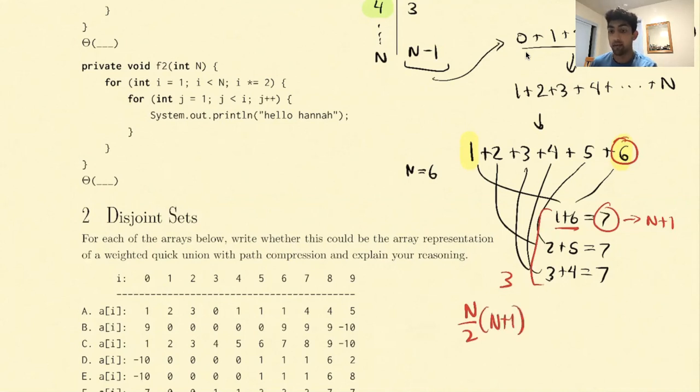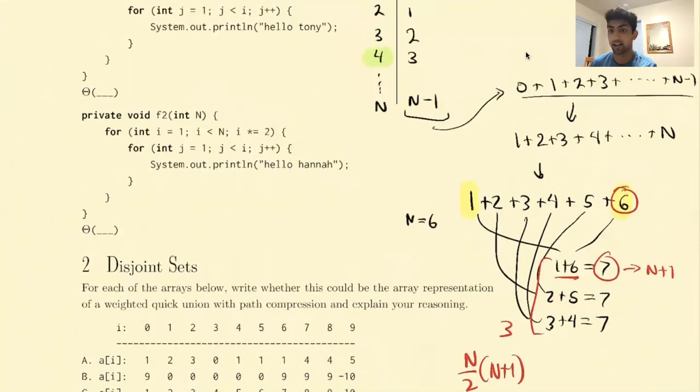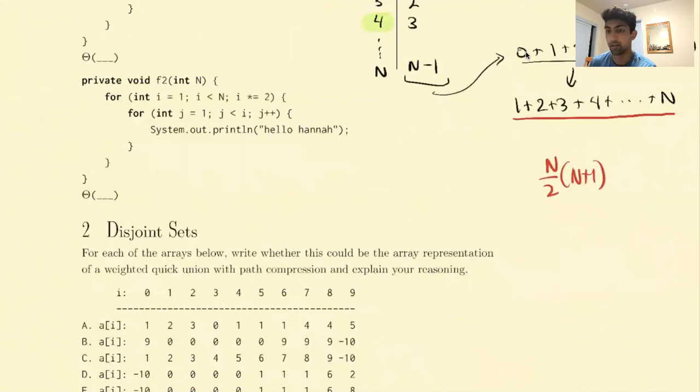And with that in mind, going back up here, the sum we wanted to find in the first place is going to be equal to n times n plus 1 over 2, okay?